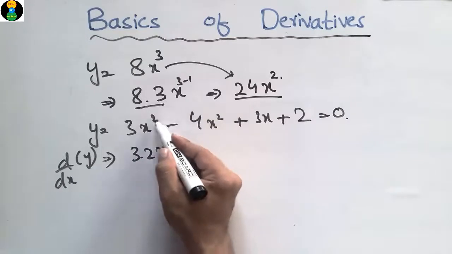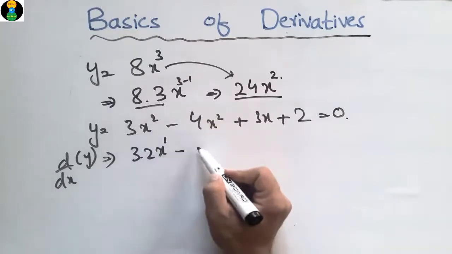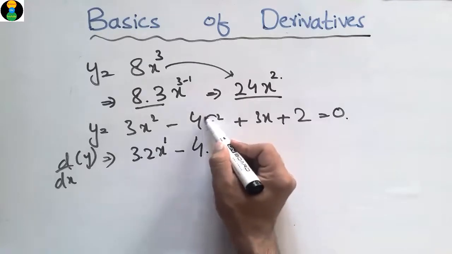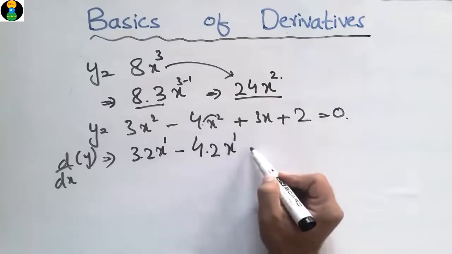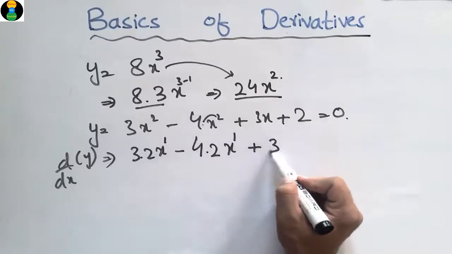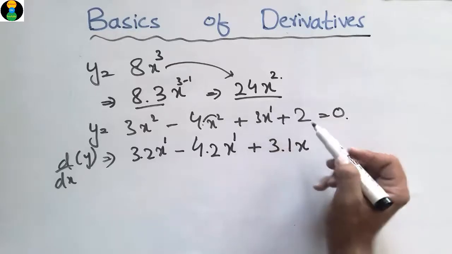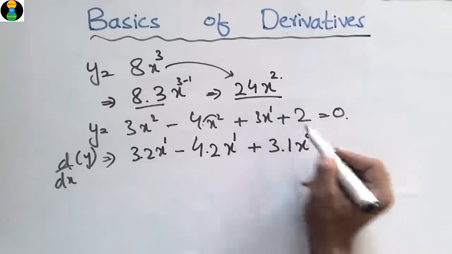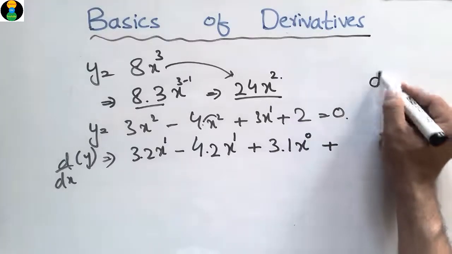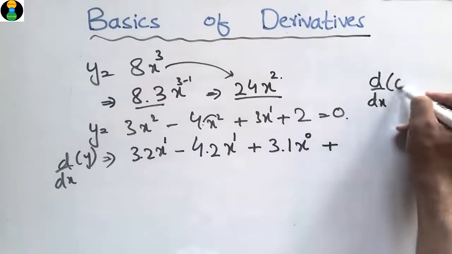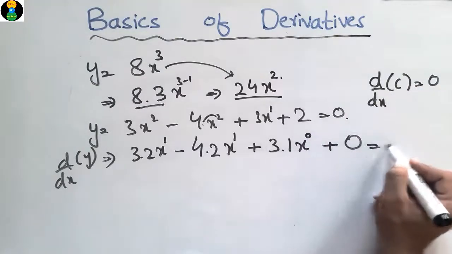So it comes out to be 2 minus 1, so 1, and for the next term, putting the power down, 2, and reducing this power by 1. Plus 3 is there, with x power 1, so x remains with the power 0. Plus 2, the constant. The derivative of a constant is always equal to 0. So the derivative of 2 is 0.